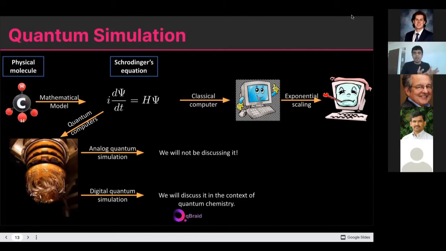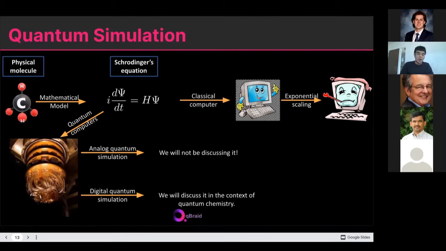So you start with a physical molecule. As I mentioned, you write down the Schrodinger's equation. On classical computers, you have exponential scaling, where resources required are exponential in nature, which is why it's really hard to do. On quantum, there are two types of simulations that you can do. One is analog quantum simulation. The next one is digital quantum simulation.